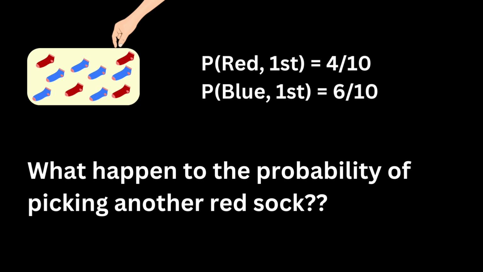You blindly pick one sock and it turns out to be red. What happened to the probability of picking another red sock now that you have this new information? Your initial belief that the probability of picking a red sock is 4 out of 10 has changed because you know that the first sock you picked was red.